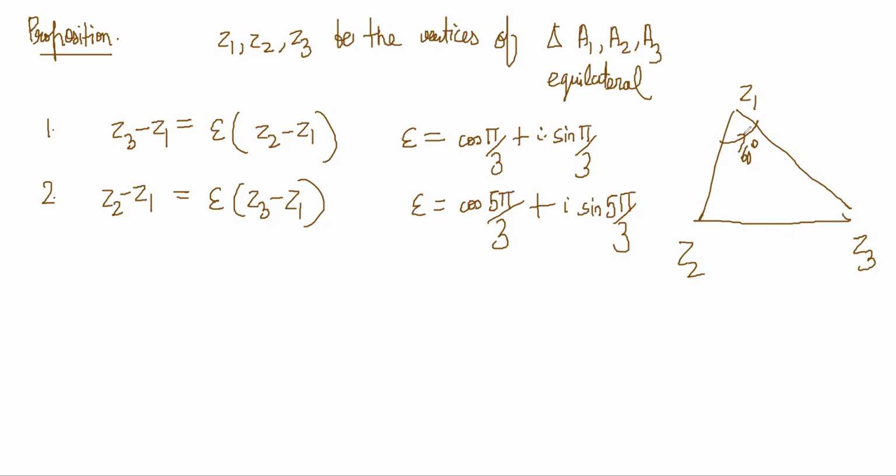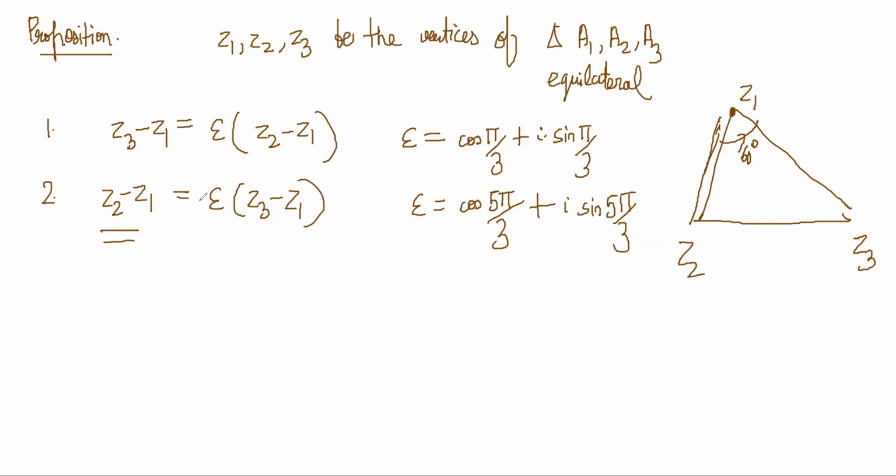If you are rotating about the Z1 point, then you will write Z3 minus Z1 is equal to epsilon times Z2 minus Z1. And this statement Z2 minus Z1 is equal to epsilon times Z3 minus Z1, where this is 5 pi by 3.